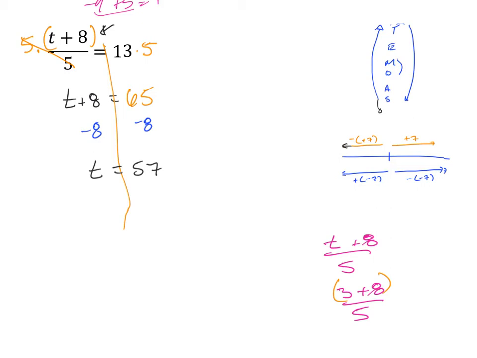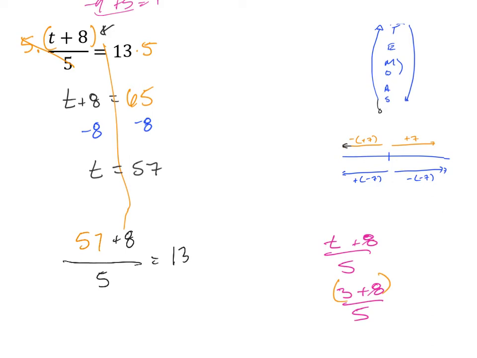Okay, and so when we plug the number in, if I put in 57, my equation was t, and we said t was 57 plus 8 divided by 5 is supposed to equal 13.